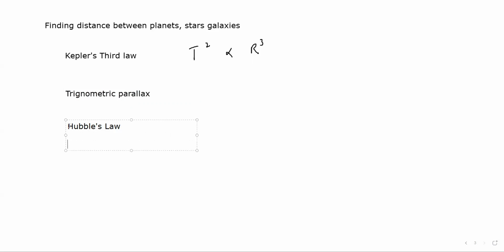And we can also use radar measurements, like using a radio telescope. We can collect data about the temperature of the star and the wavelength it is emitting, and using that we can work out the distance between the star and the earth, or between the planets and the earth, or between two stars.